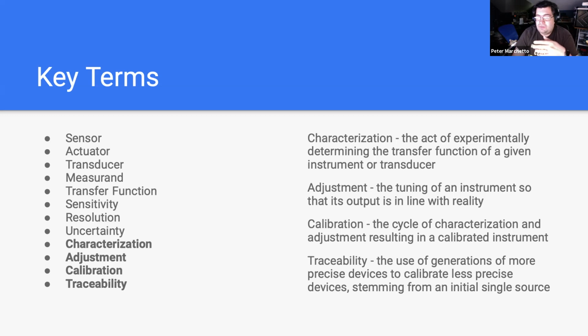So you do have what's known as kind of a zeroth order calibration where you don't have to make an adjustment. So if I take like a gauge pin, something that's supposed to be exactly 1 millimeter in diameter, I measure it with a micrometer and it turns out to be 1.00000 millimeters, then I don't need to adjust anything.